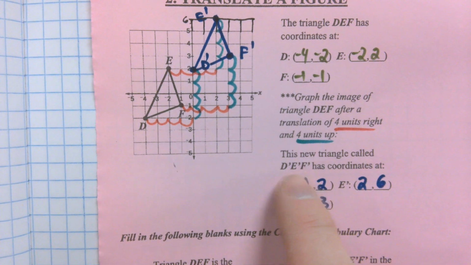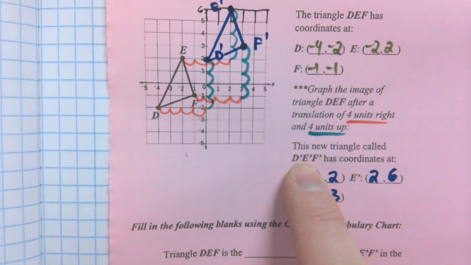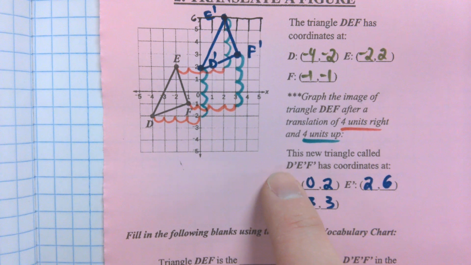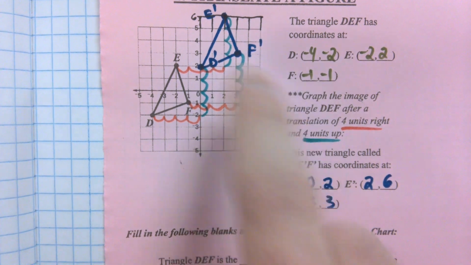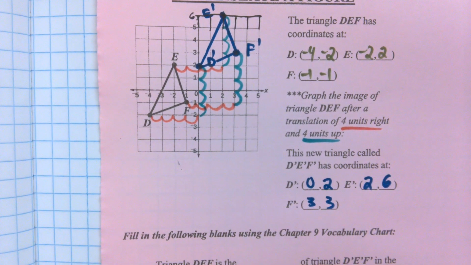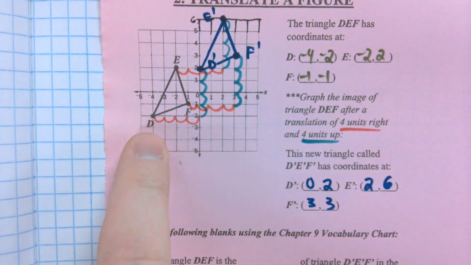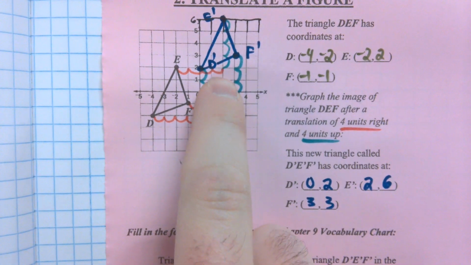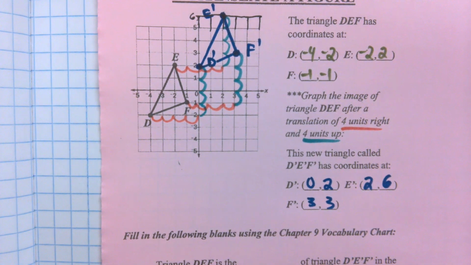We got to say prime after every letter. It's a good thing these tests aren't oral and they're just written. D prime, E prime, F prime is this new triangle. DEF is the pre-image. D prime, E prime, F prime is the image. Just wait till we get into squares. It'll be D prime, E prime, F prime, G prime. Have fun.